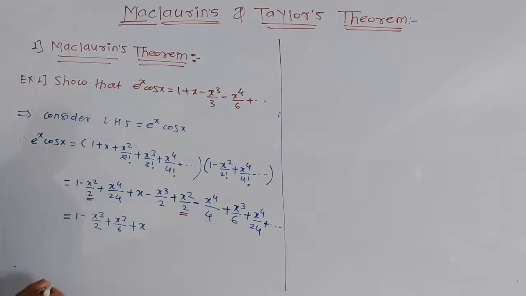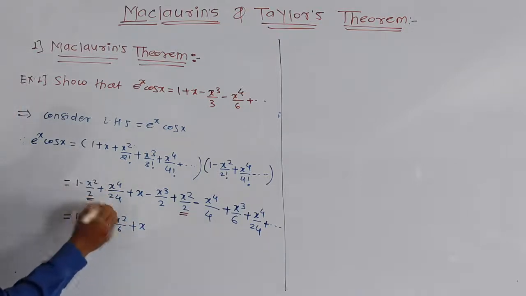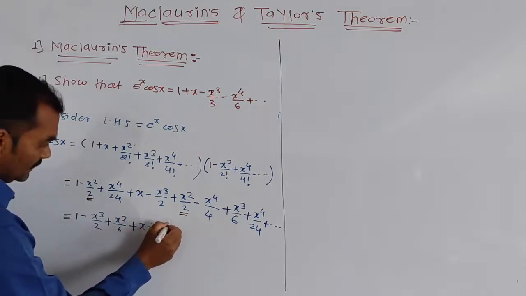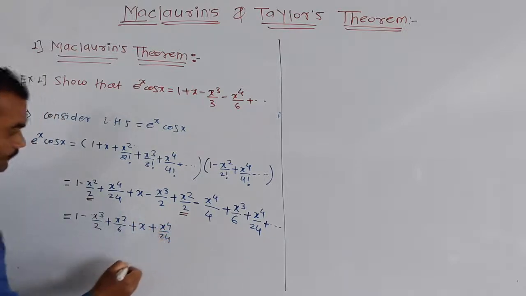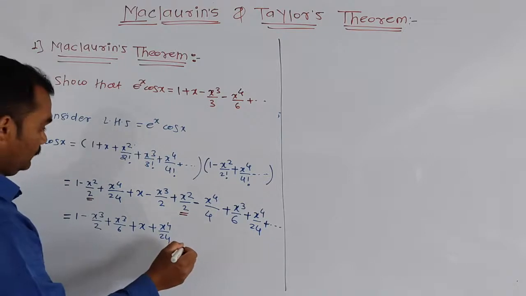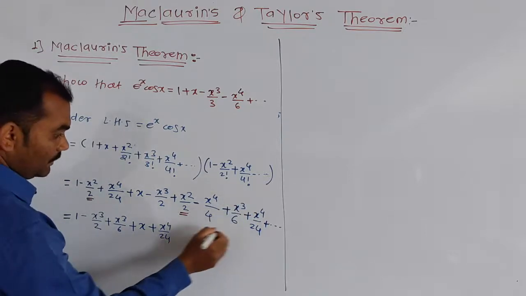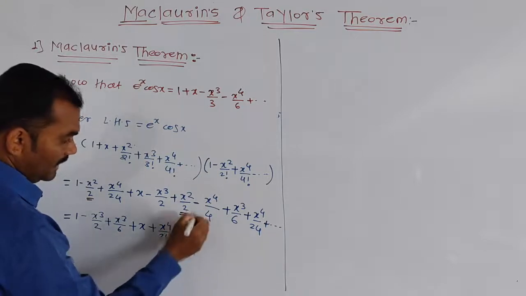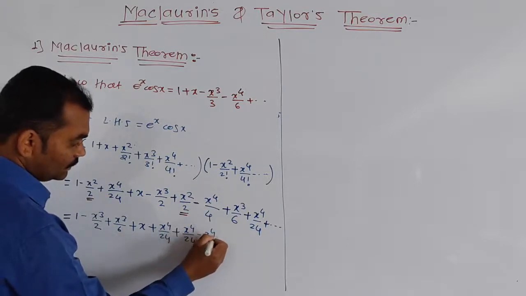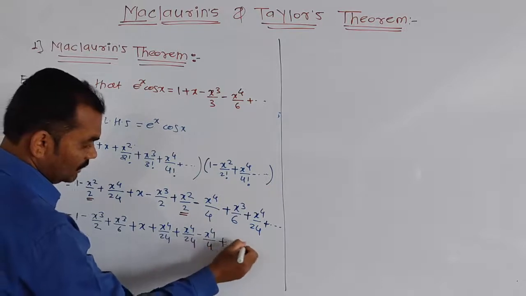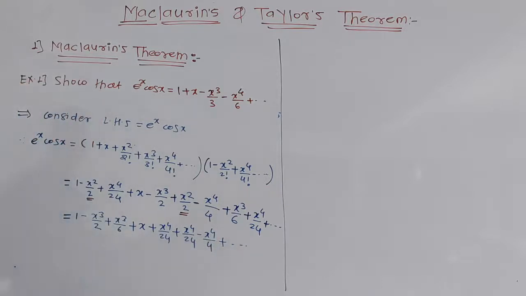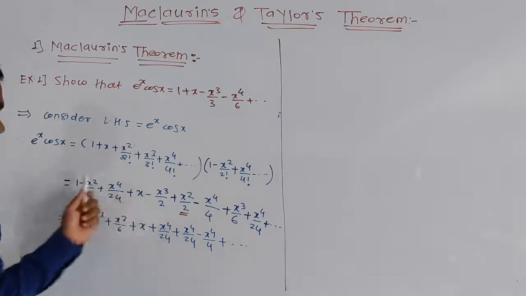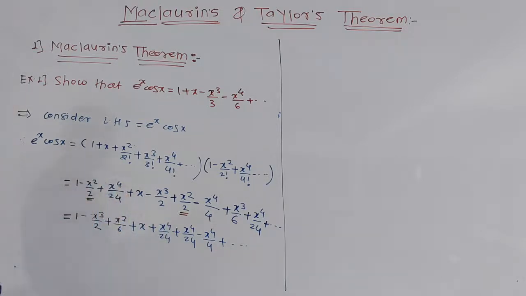Then also the power of x raised to 4: here plus x raised to 4 upon 24, here is also x raised to 4 upon 24, and here minus x raised to 4 upon 4 plus dot dot dot. Correct. Only one term is cancelled, that is x square by 2 and this x square by 2. Then the remaining terms as they are.